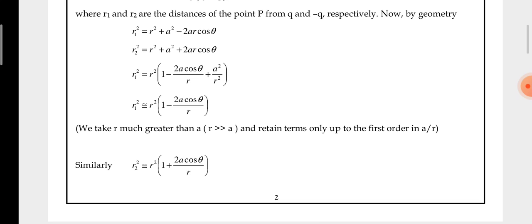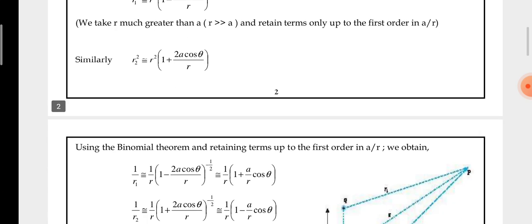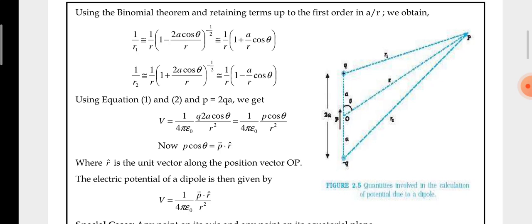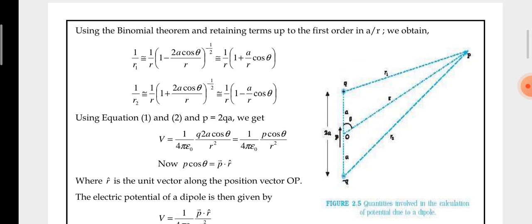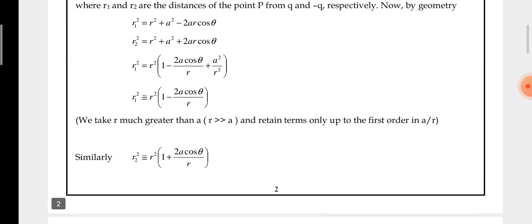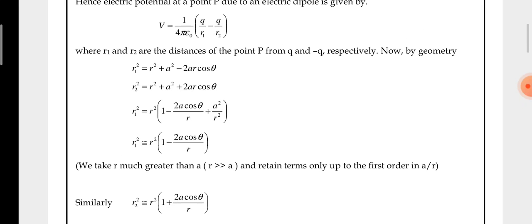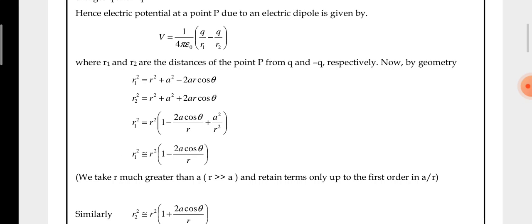In the diagram, r is a very lengthy line. From q to O that is a, and from O to minus q the distance is also a. So compared to r, a is very small, and compared to r squared, a squared is very small, so the a squared value can be neglected.